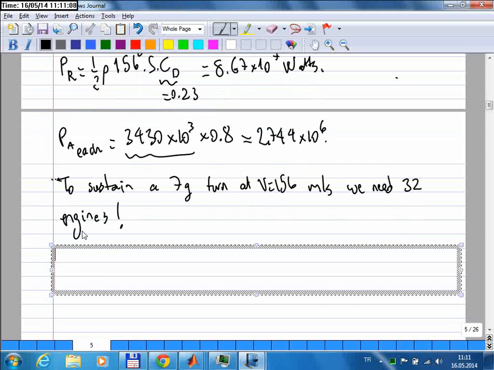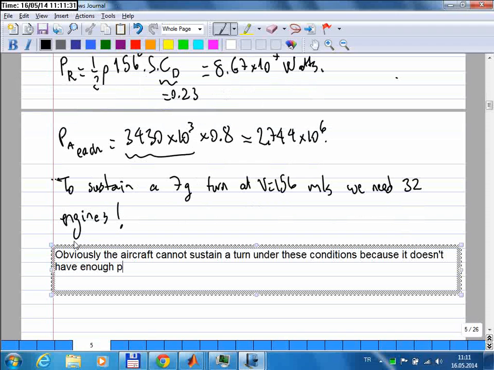Okay, so let me now write my conclusion here. Obviously, the aircraft cannot sustain these conditions because it doesn't have enough power.